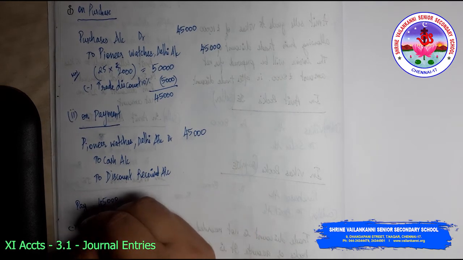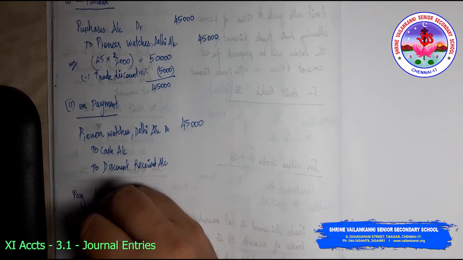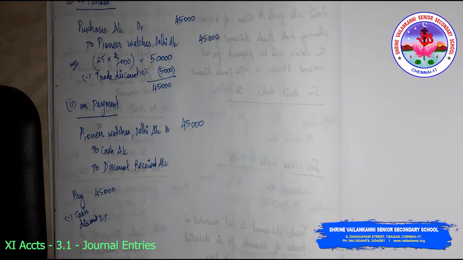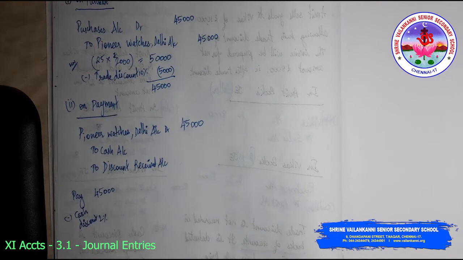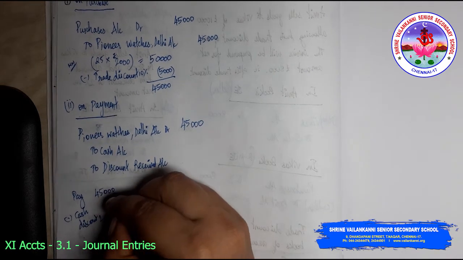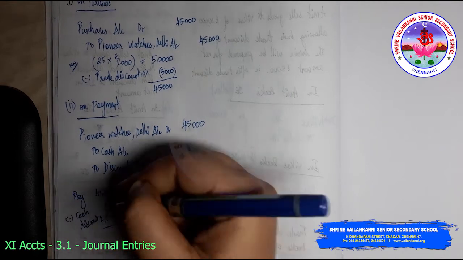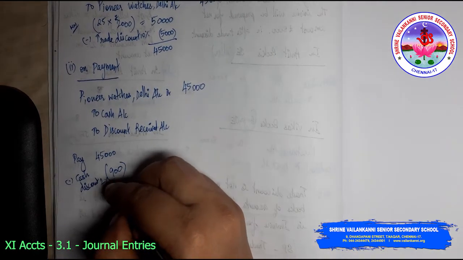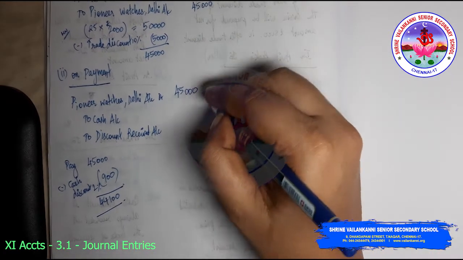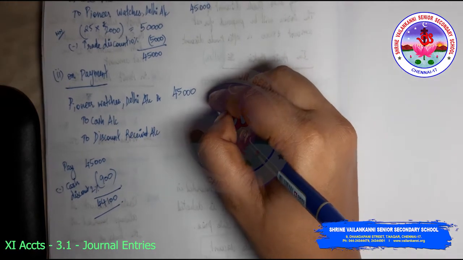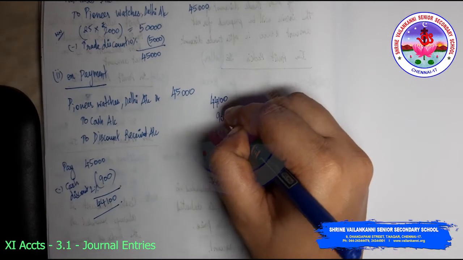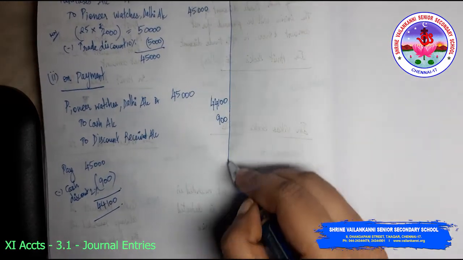But there is a cash discount of 2%. What is 2%? It is 900 rupees because 1% is 450 plus 450, which is 900. So if you deduct 900, you will get 44,100. So 44,100 we need to pay, and discount received account will be 900. So this is how we need to write it.